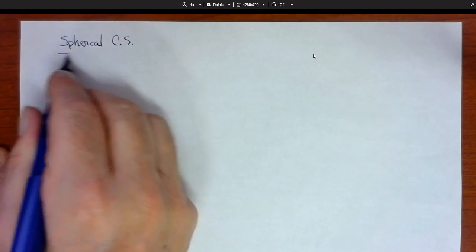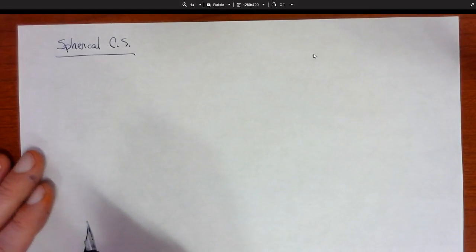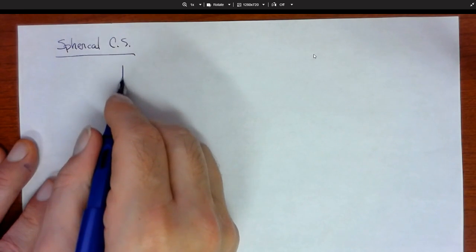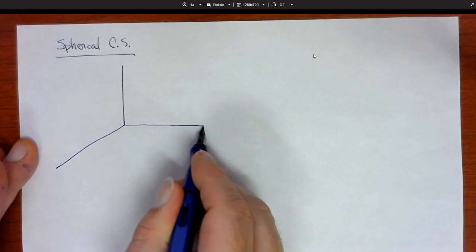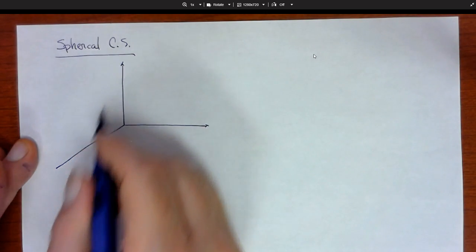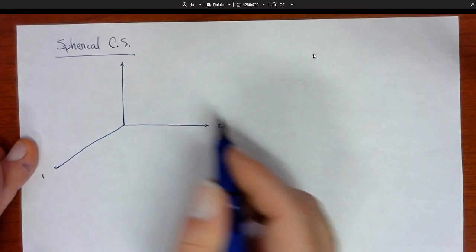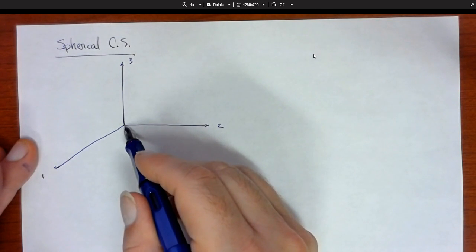Okay. So the way this one works, it's a little more complicated, but again, let me draw this really big if I can. So again, we're still in R3. 1, 2, and 3. And now, okay, fine.